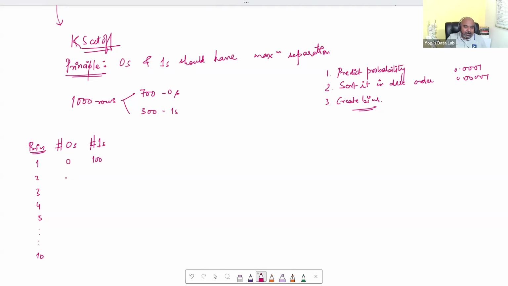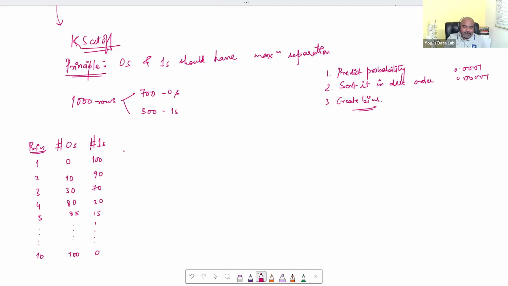In the second one, I have 10 zeros and 90 ones. I have 30 zeros and 70 ones. And then suddenly something flips. This becomes 80 zeros and 20 ones. This becomes 85 and 15. And eventually you will end up with, let's say, 100 zeros and 0 ones.